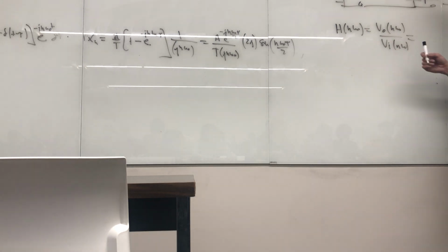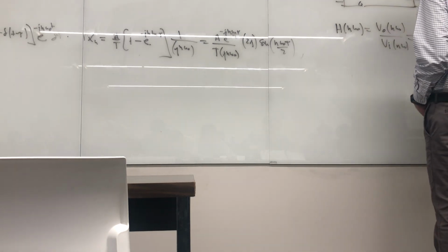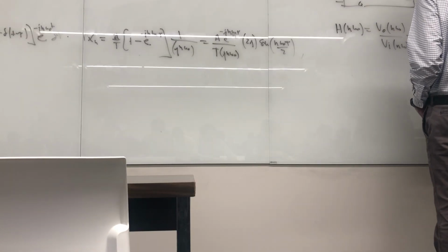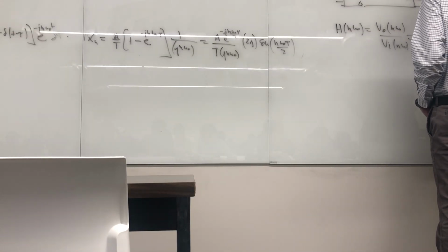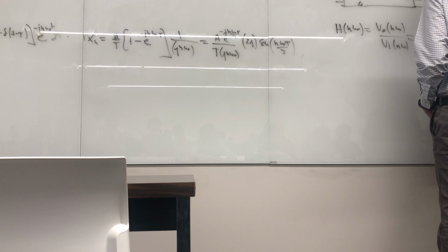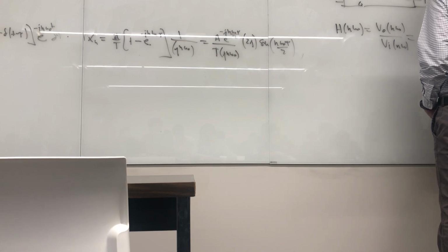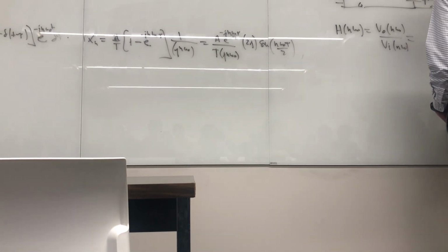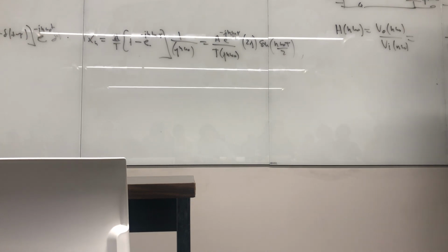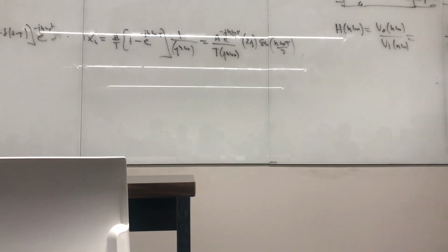I'm going to write it down. So this is going to be R over R plus 1 over j n omega naught C. Right? And that's the transfer function.